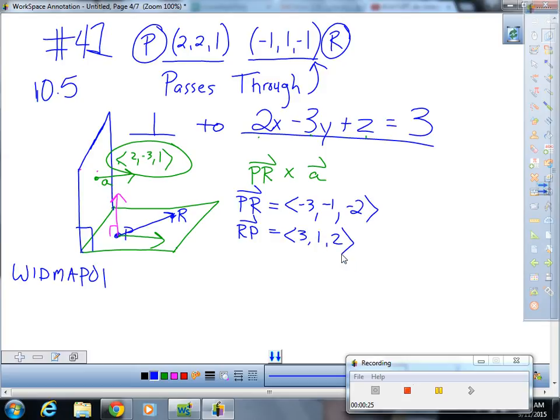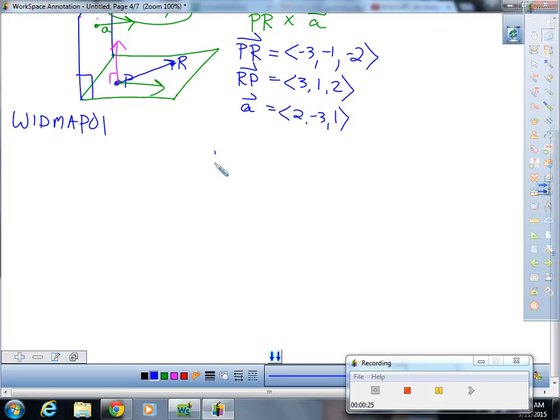Okay? And A, we know, is 2, so if we take the cross product of those two, okay, you get i times 1 minus a negative 6. 1 plus 6 is 7.